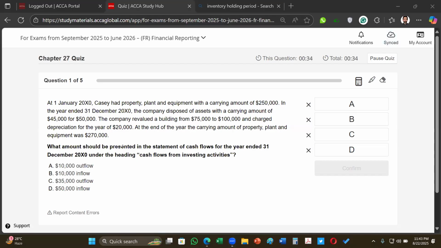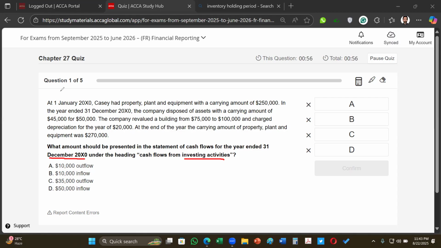So what amount should be presented in the statement of cash flows for the year ended 31st of December 2020? So we are only looking at the investing activities. This is for the cash flow under the heading cash flow from investing activities. The year ended is 31st of December 2020.